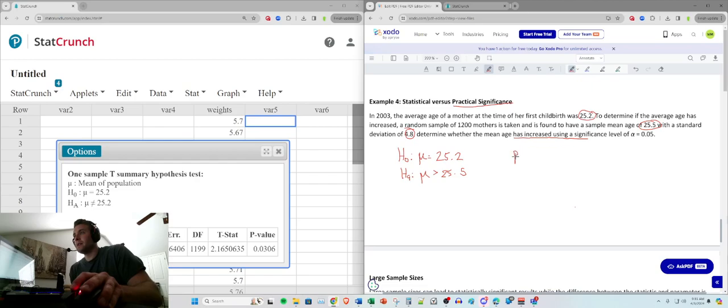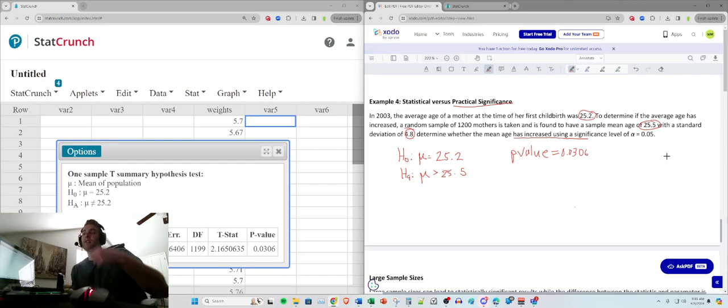While technically the p-value on this one is 0.0306, which is less than alpha, so we would reject and we'd say, okay, yeah, it's gone up. It doesn't seem like it's that much more significant. Practically, it's not that much more significant.